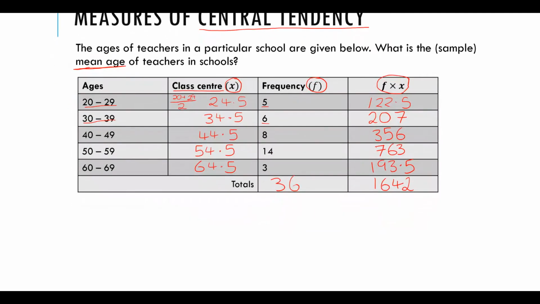So what's our estimate of the sample mean age of all teachers in schools? Well, we're using a sample. We don't have the entire population of all the ages of teachers in schools. So our sample mean, x bar, is equal to the total of the fx column, so the total age of all the teachers in the schools, divided by the total of the f column, so divided by how many people there are.